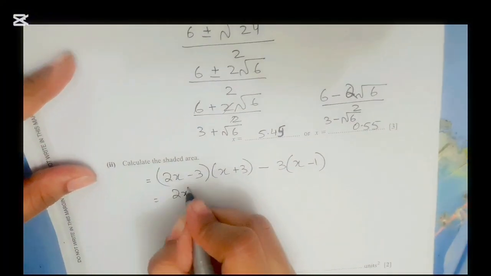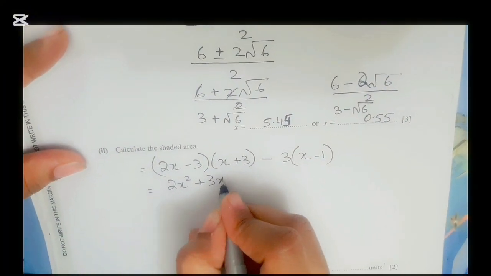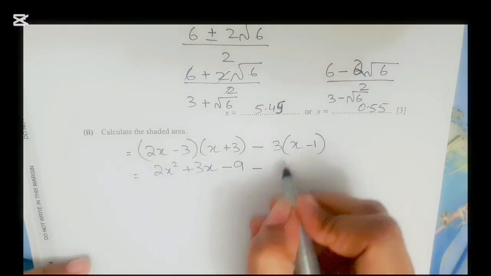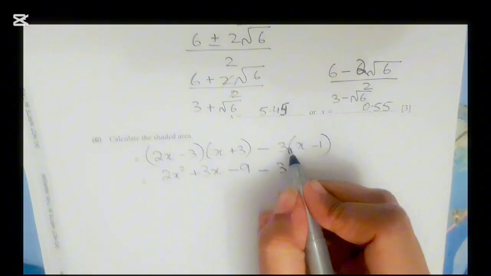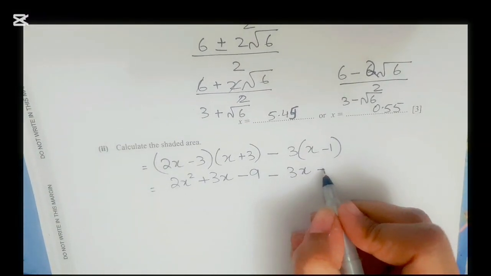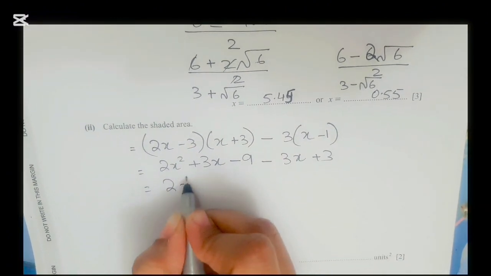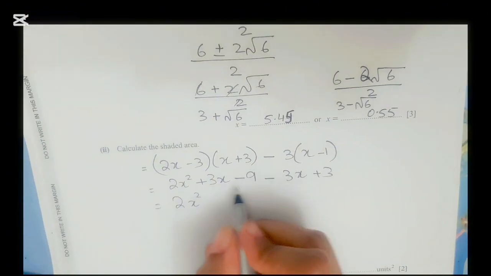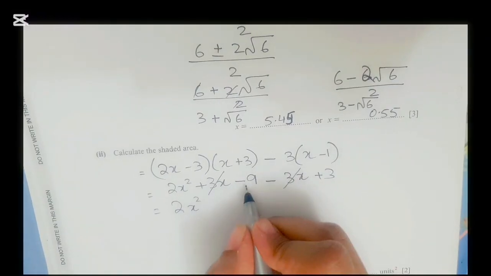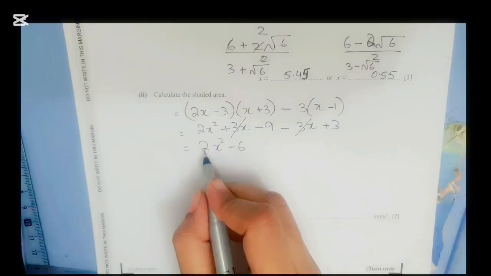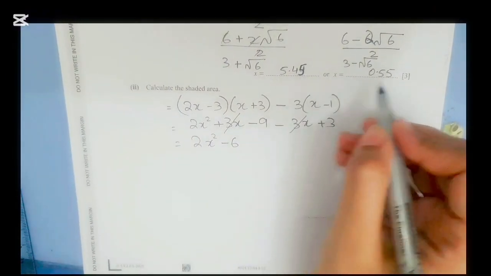This is our area, 2x square plus 3x and minus 9 minus 3x, and 3 times 1 is plus 3, because minus minus is plus 3. So 2x square plus 3x and minus 3x would cancel out, and minus 9 plus 3 would be minus 6.